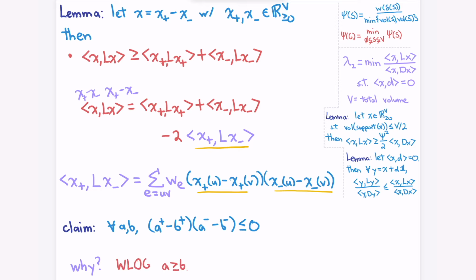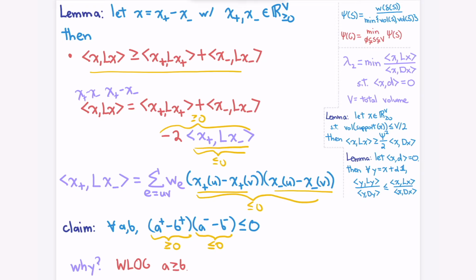If we just assume that a is greater than or equal to b, then the first part is always positive, and the second part is always negative. So the whole thing comes out less than or equal to 0. And so we have our inequality.